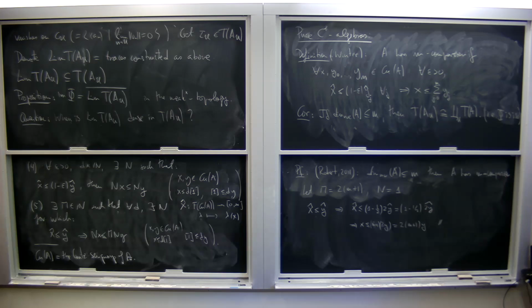The example here: if X is the class of a positive element a, a typical cut down is obtained by taking a shifted to the right by some epsilon.